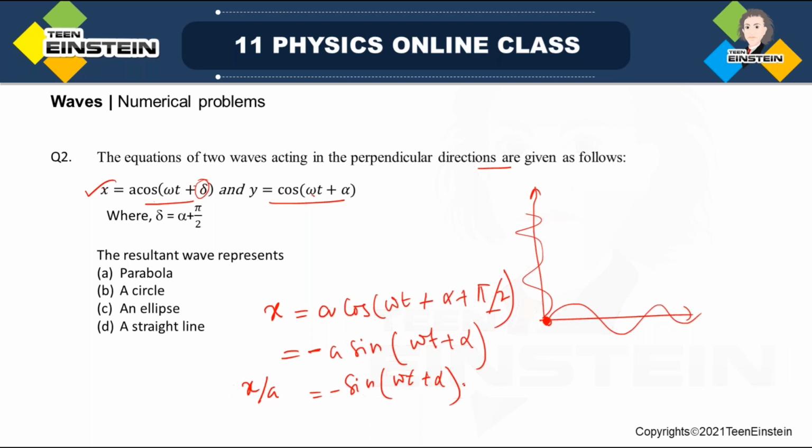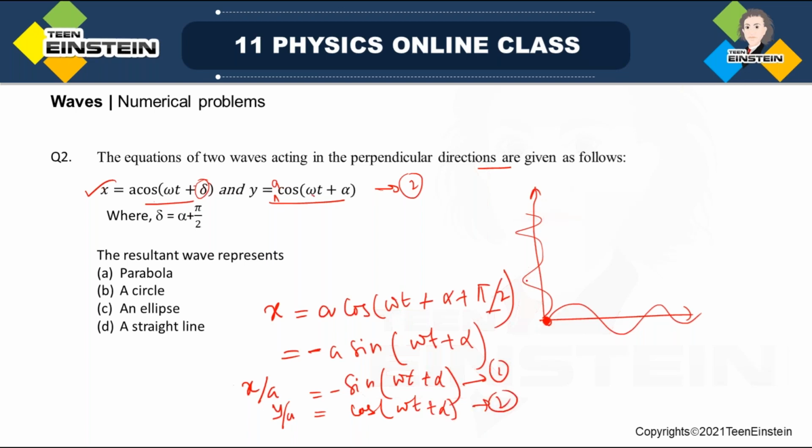This is 1, and 2 is this one. Suppose y is given already, so we'll write here there will be a. Okay, I have made some mistake while typing. So y by a is equal to cos of omega t plus alpha, equation 2.